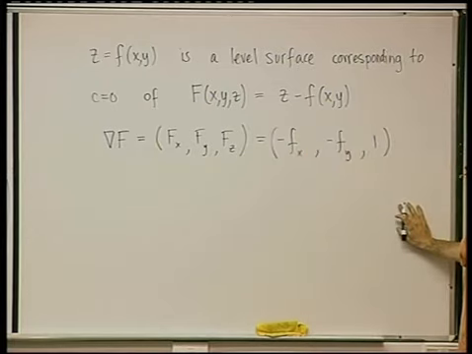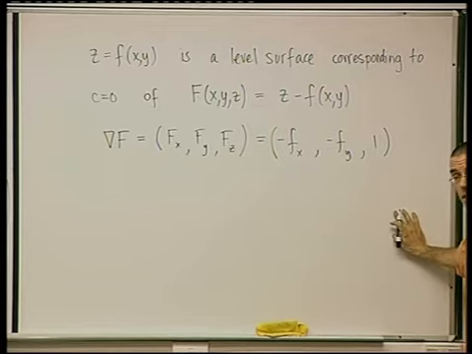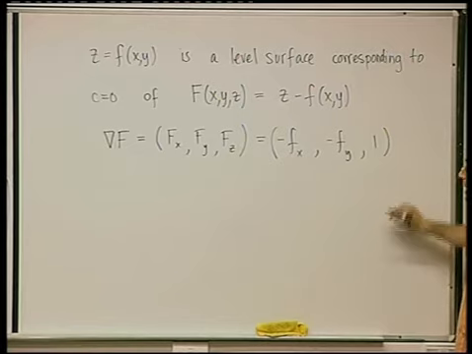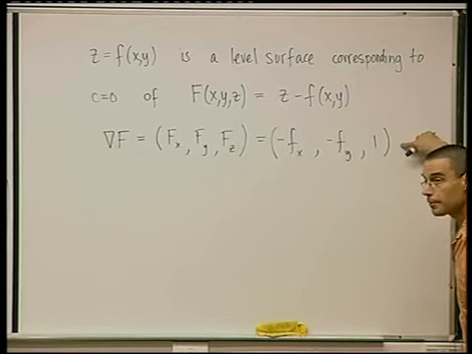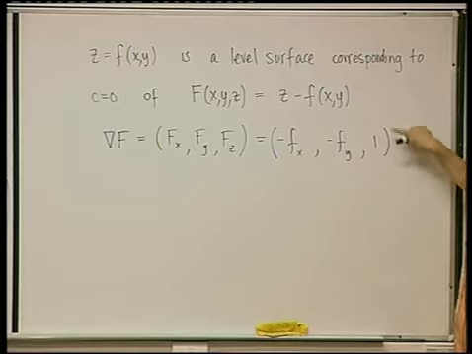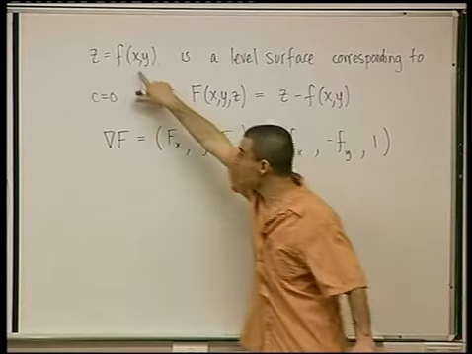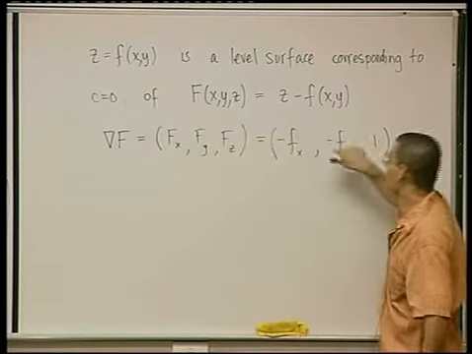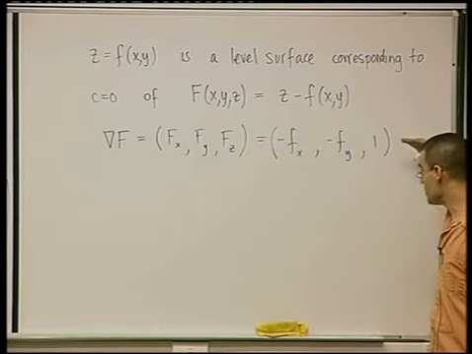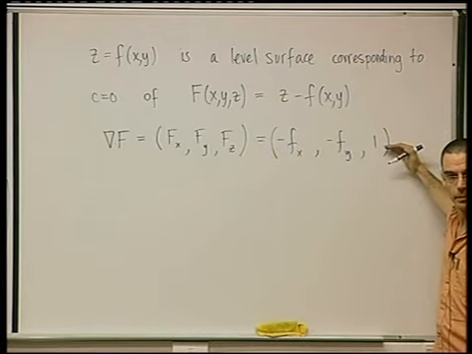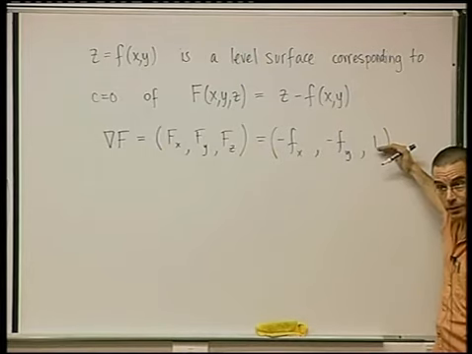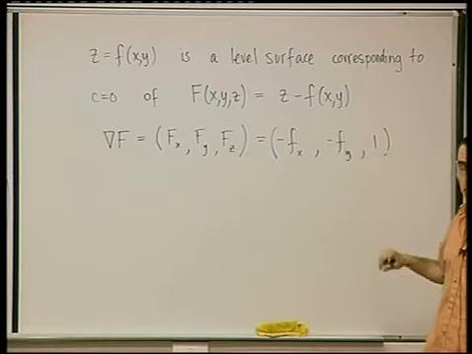Do you agree? And the statement that we had, which we proved carefully using the implicit function theorem, was that the gradient is perpendicular to level surfaces. This is a level surface, and the gradient is perpendicular to it. So this is the normal. Clear? And this is precisely what we found before. Okay.